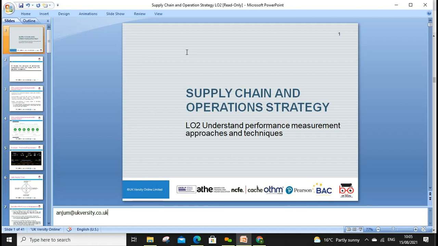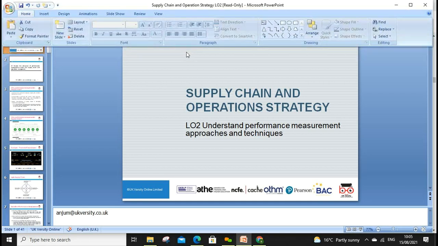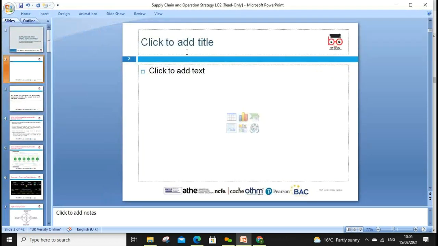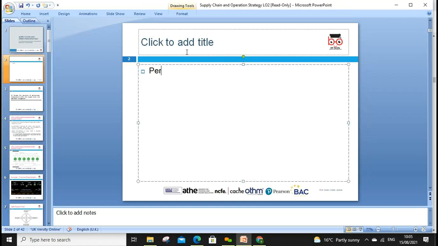Today's lesson, LO2, consists of understanding performance management approaches and techniques. Last lesson we discussed what performance is and how we can measure it. Performance equals time, cost, and quality.